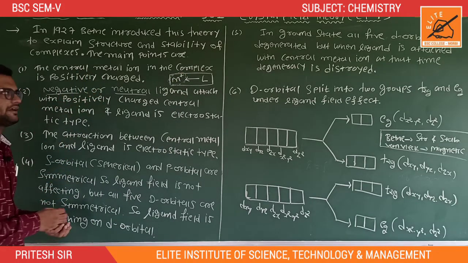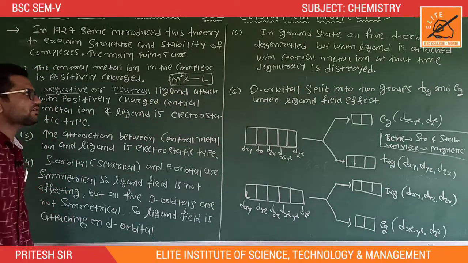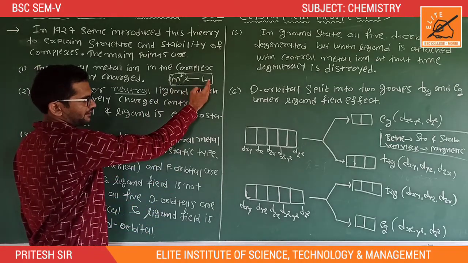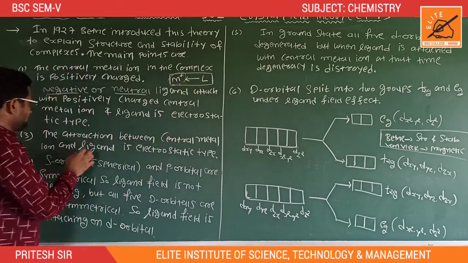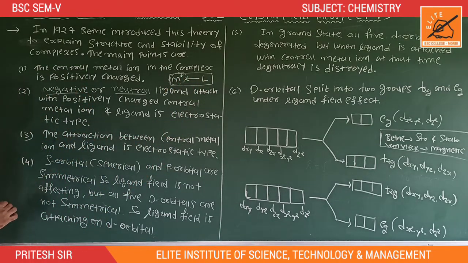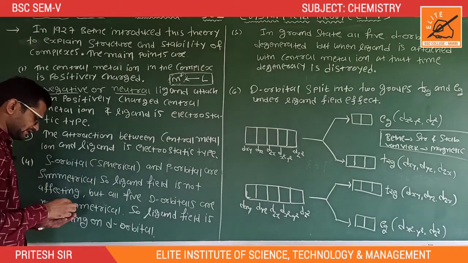So the first point is that the metal ion should be positively charged. Second, a neutral or negative ligand is attached to the metal ion in an electrostatic way. The third point is that the attraction between the central metal ion and the ligand is electrostatic.